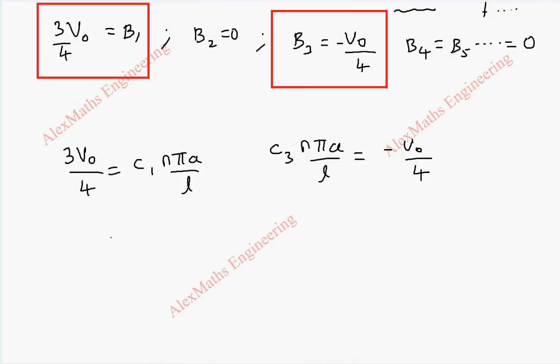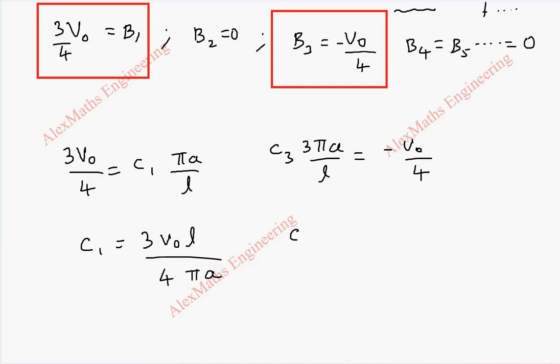So we get C1 as this L by n pi a will go to the other side. So it is 3 V0 L by 4 n pi a. And in this case n is 1, so we don't write n here because n is 1. Similarly, here n is 3.